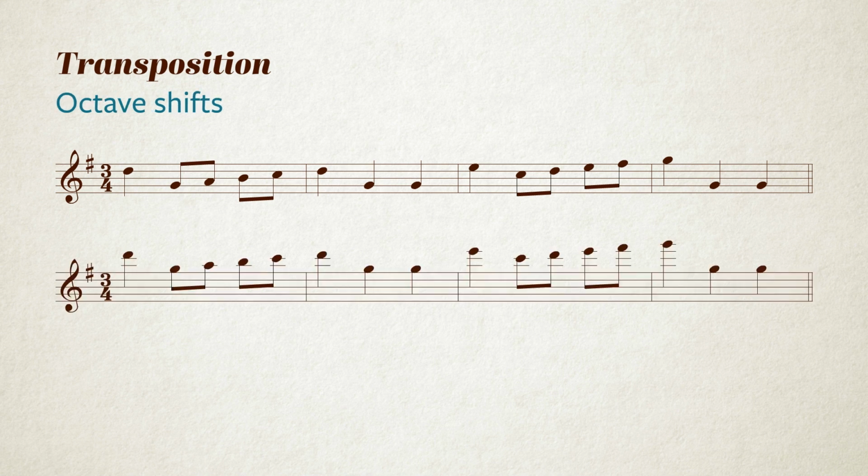Now, here's the same melody an octave higher. We've transposed the original up an octave. Shifting the music up or down by an octave can be really useful if you want to move the music to a more manageable part of the range of your instrument.